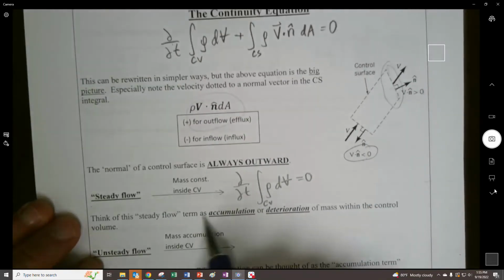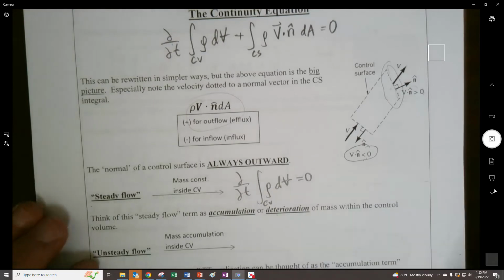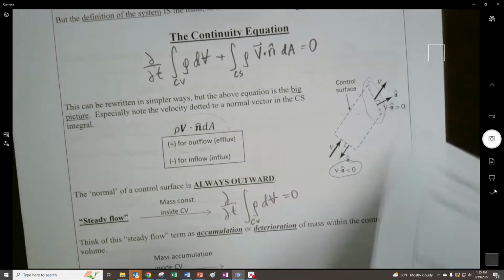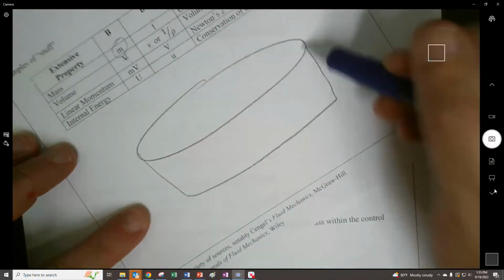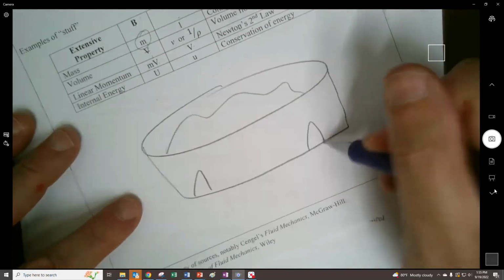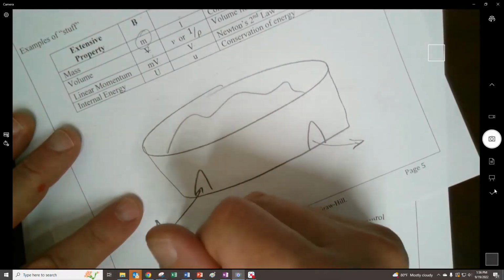So the steady flow you could think of as the accumulation or deterioration, right? So if we go back to that one analogy that Dr. Foley from the Coast Guard Academy had, we could have our Colosseum, and we could have chariots coming in and out.